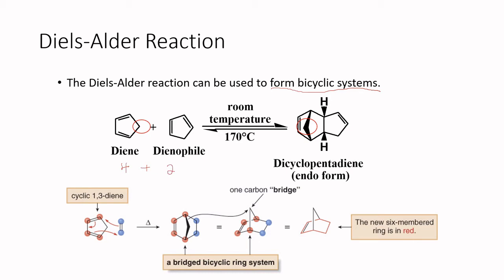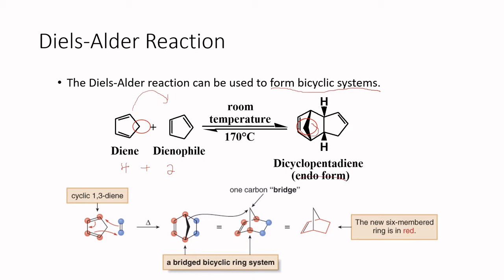Please take a look at this carbon, and when we react these two starting materials at room temperature, what we will get is a bicyclic system. Please take note that the one that I circled here is the same as here. When it reacts, it will give you a bicyclic system in endo form.